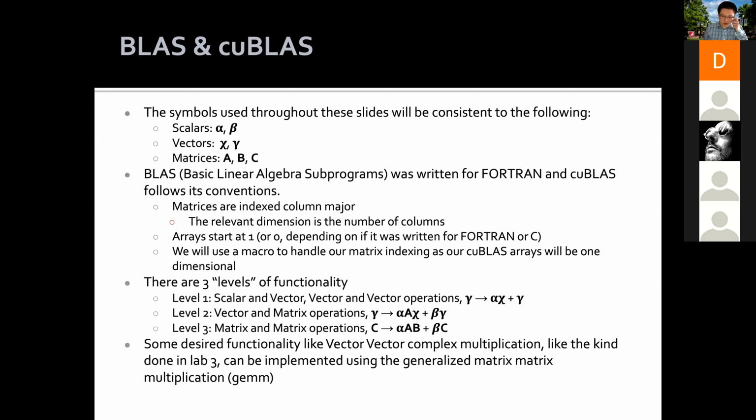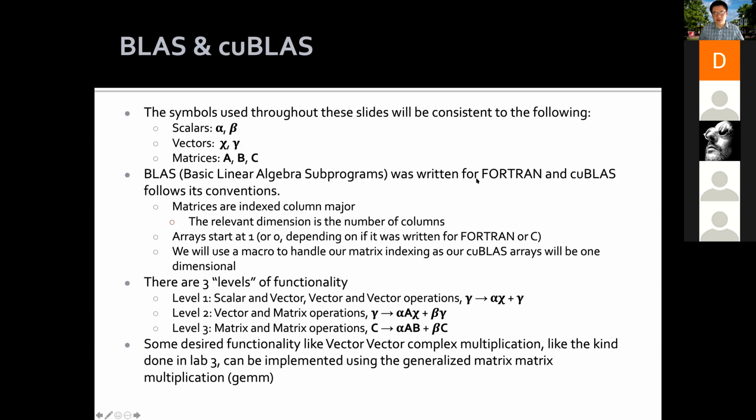I don't want to go into the details, because BLAS is very basic, and cuBLAS is just a GPU version. There's not much fancy stuff here. Originally, there are 3 levels in BLAS: vector operations, matrix-vector operations, and matrix operations.